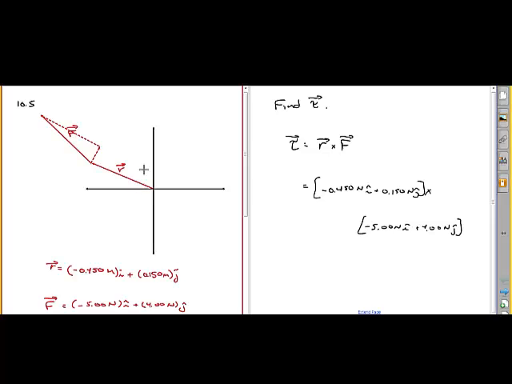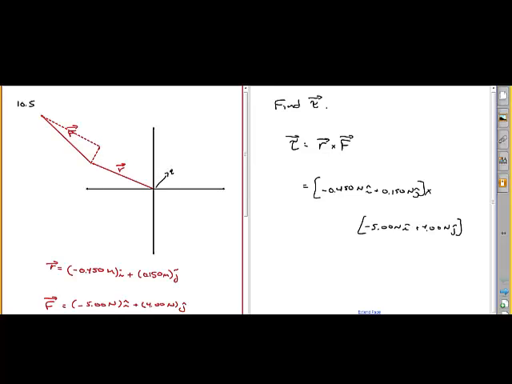You take your fingers along the R vector, and then you curl your hand towards the force vector, and that would push your thumb into the paper, which would be negative. So into the z direction here is negative, and coming out this way is positive. So the right-hand rule would say it's negative.